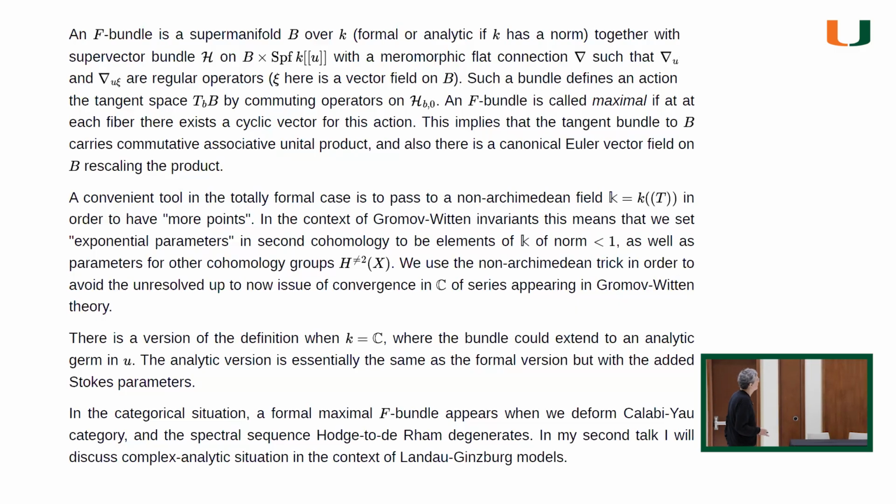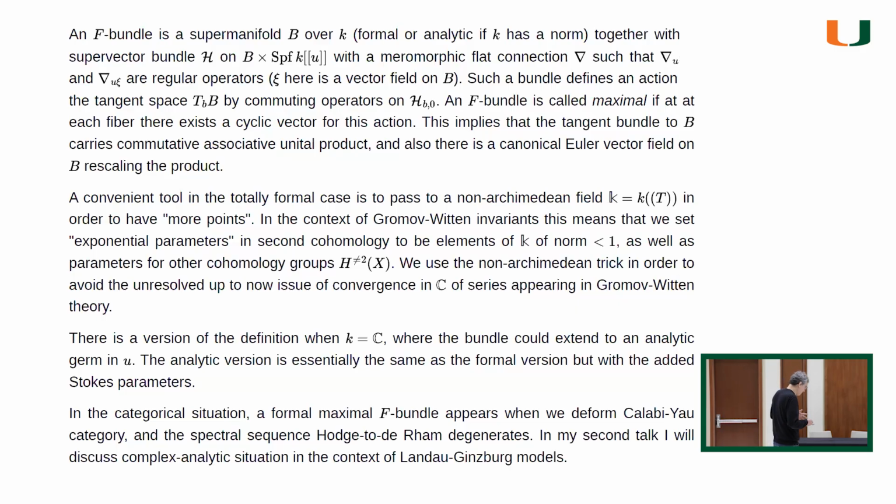So it's a purely differential geometric notion. Then we have such a bundle. Taking the residue part of this, you get an action of the tangent space of the base by commuting operators on the fiber of this bundle at the point u equal to 0.